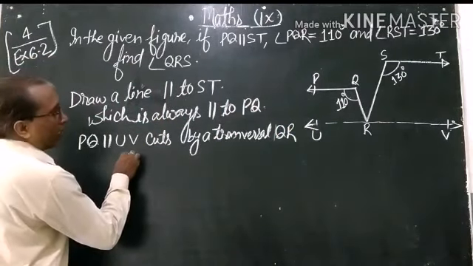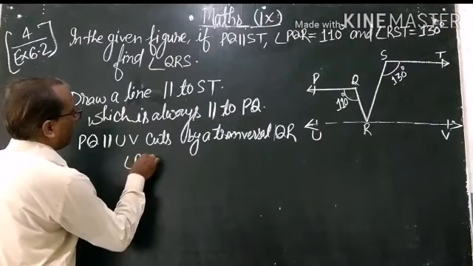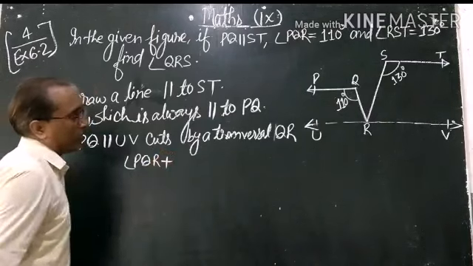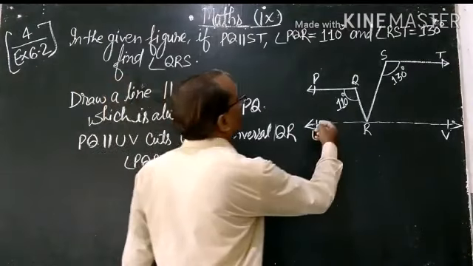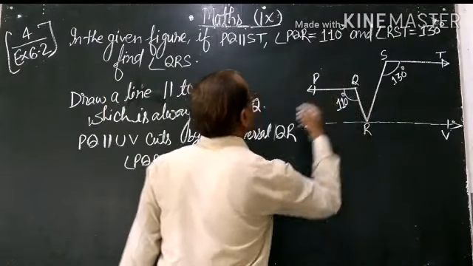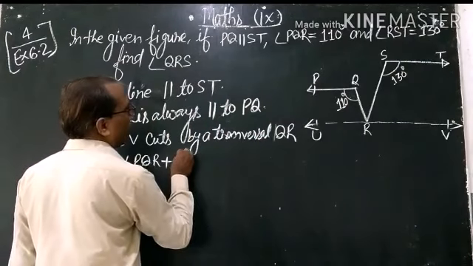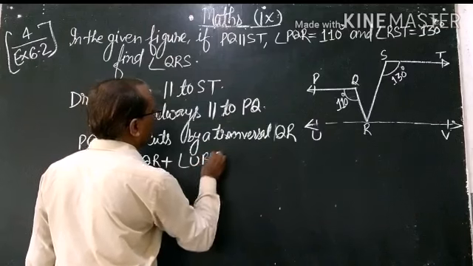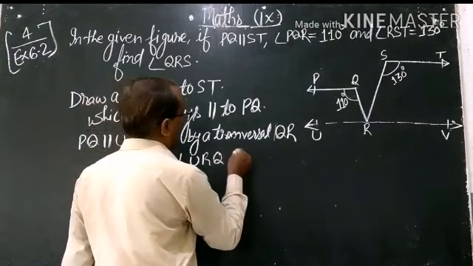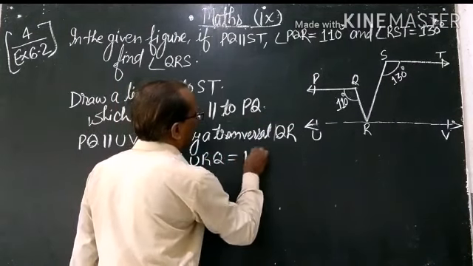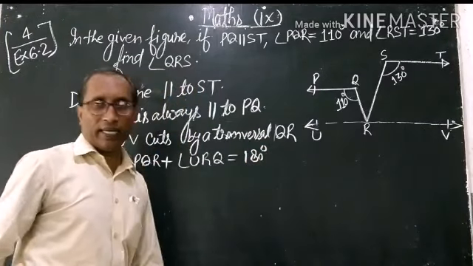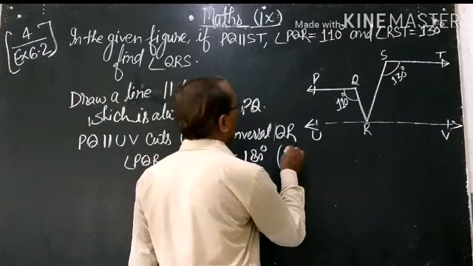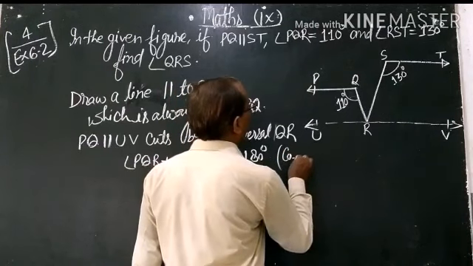Then angle PQR plus angle URQ is equal to 180 degrees by the property of co-interior angle.